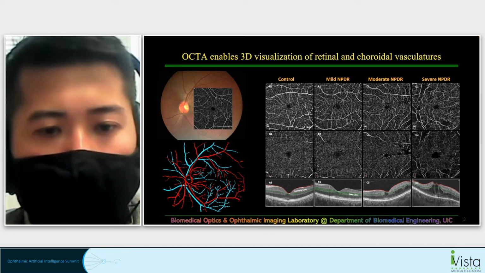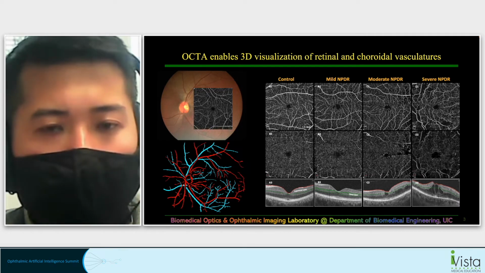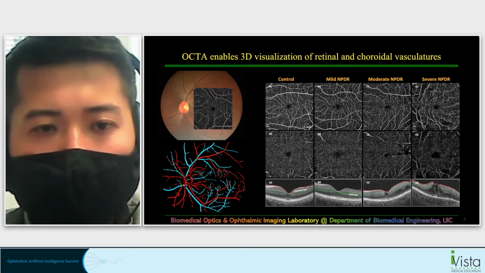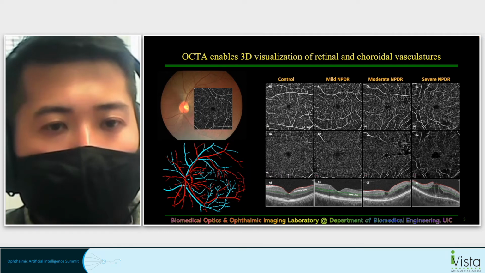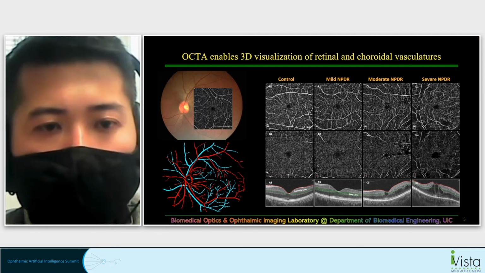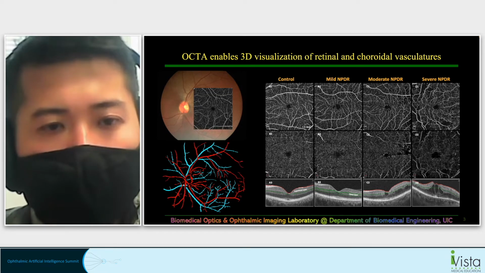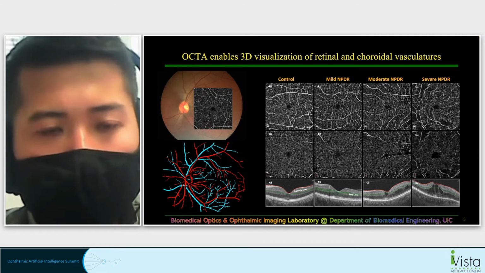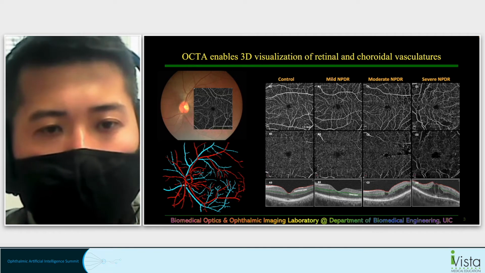On this slide are examples of the different stages of non-proliferative diabetic retinopathy, NPDR. As we can see, the retinal vessels change as the severity of NPDR increases.